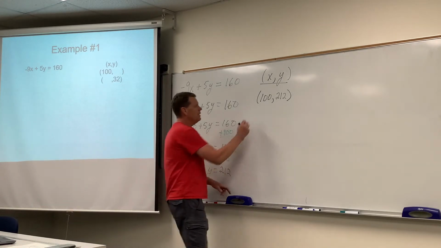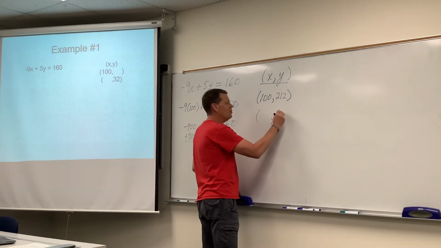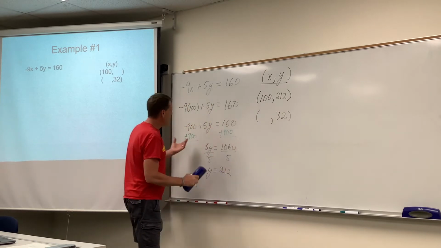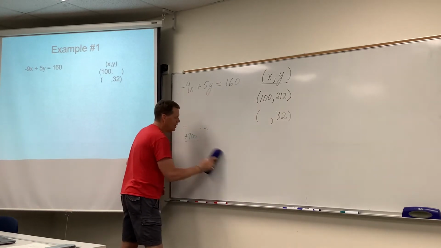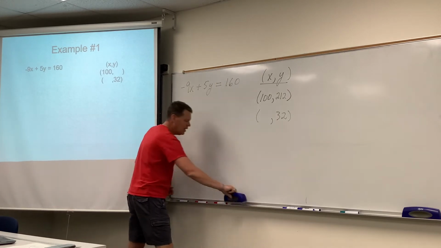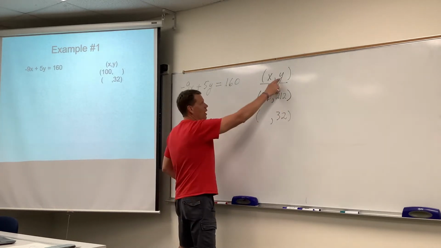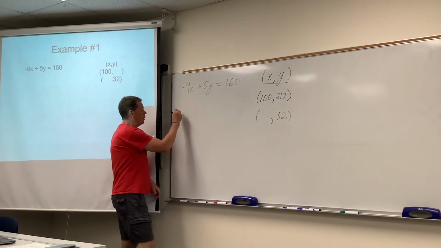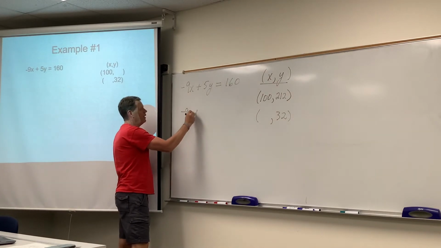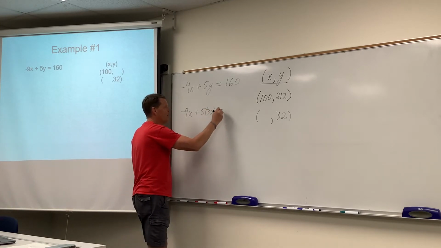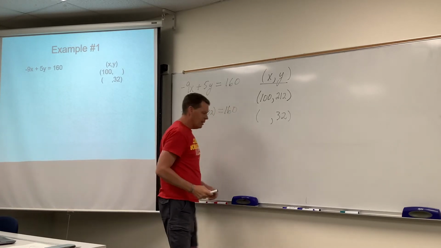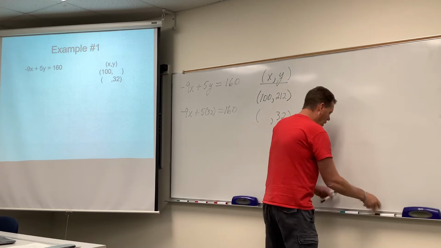I'm only going to have time to do one more of these. Again, what I would typically do in class is have you work these out while I hand out papers. But in this instance, didn't we give you the y value? And so therefore, x would be the variable, and you would plug 32 in for y, right? When we give you the second number, we're giving you the value of y.